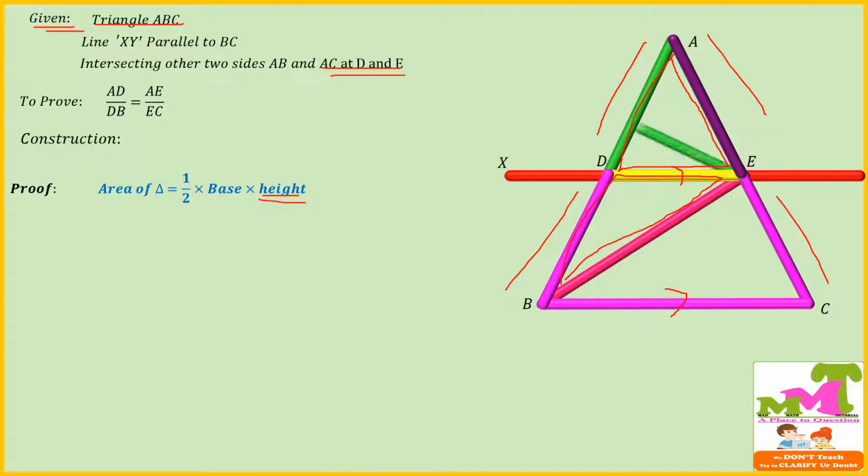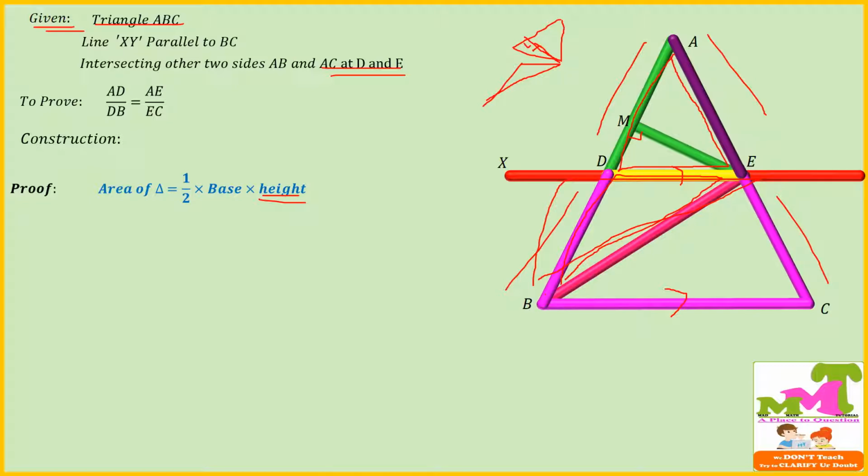I will draw a line from E perpendicular to AB at M. This is perpendicular, as we know, 90 degrees. See, this perpendicular line is the height of both the triangles, ADE and at the same time BDE, because both have the same base, and one is an obtuse triangle, where the height lies outside the triangle, and the other is an acute angle triangle, where the height lies inside the triangle.